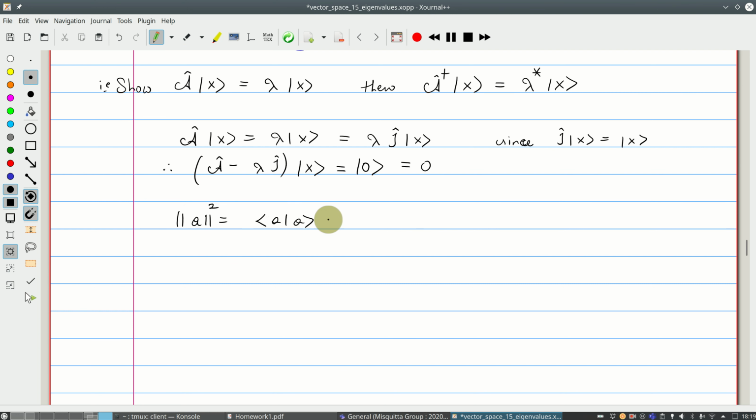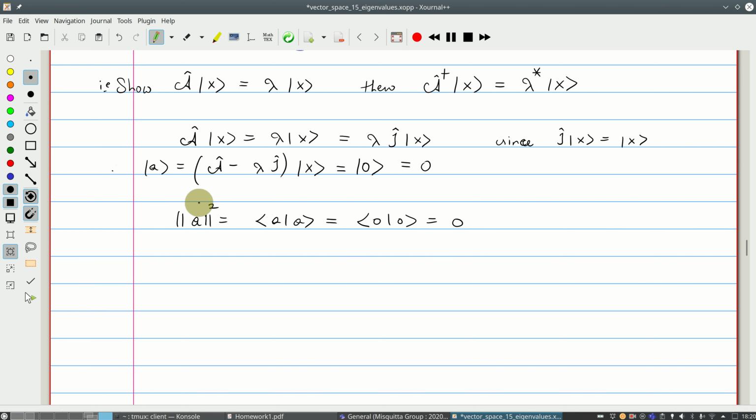Because this whole thing evaluates to the 0 vector, if I set A equal to this, then the norm squared of A will be the norm squared of the 0 vector, which is going to be 0.